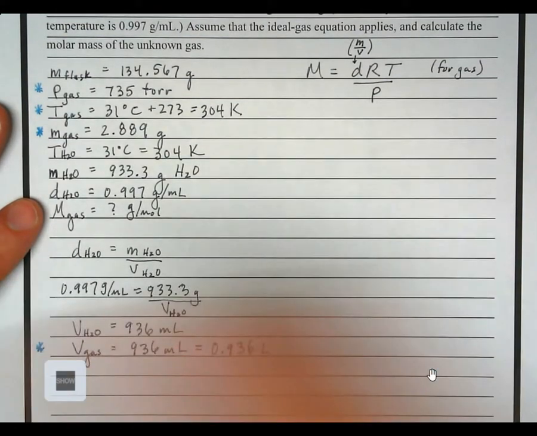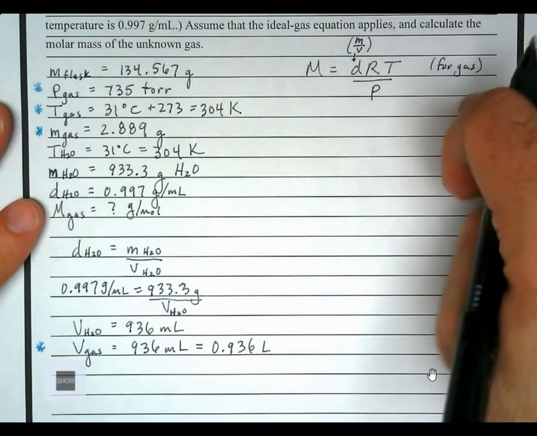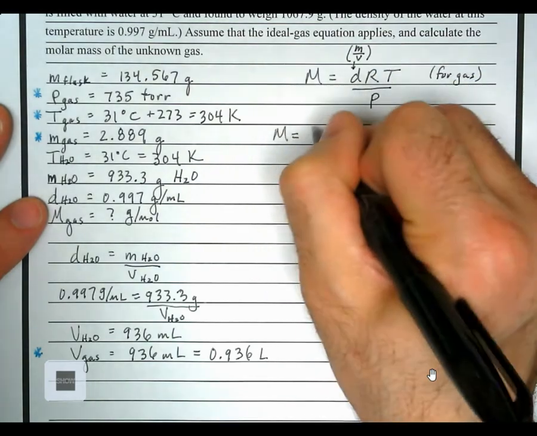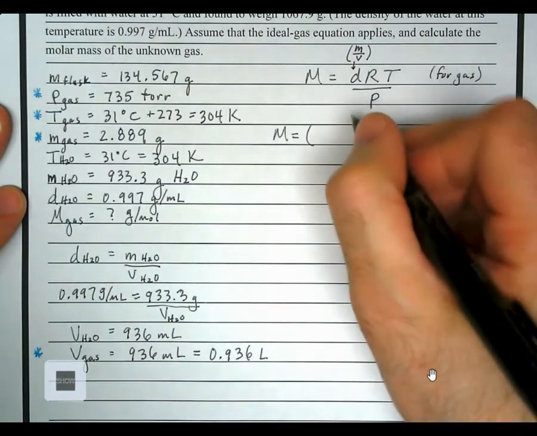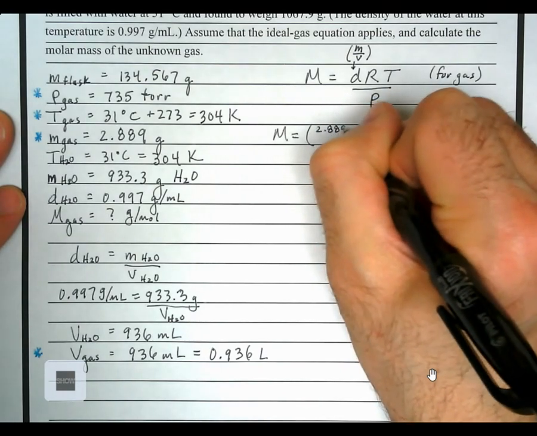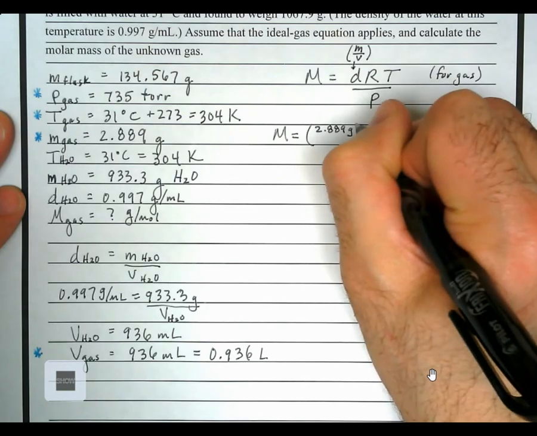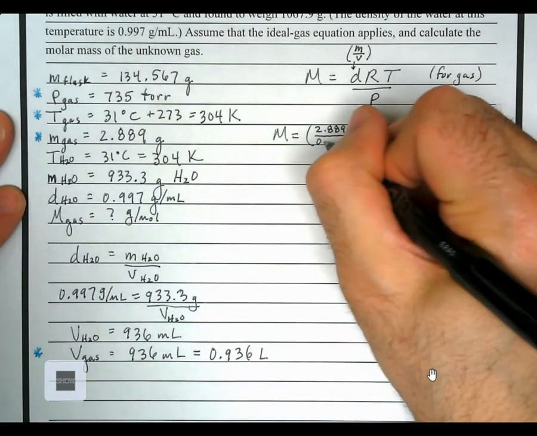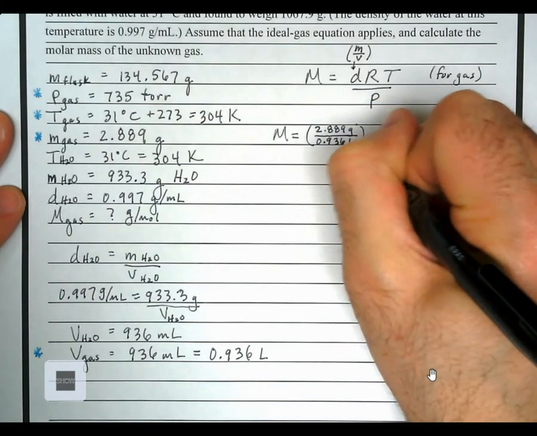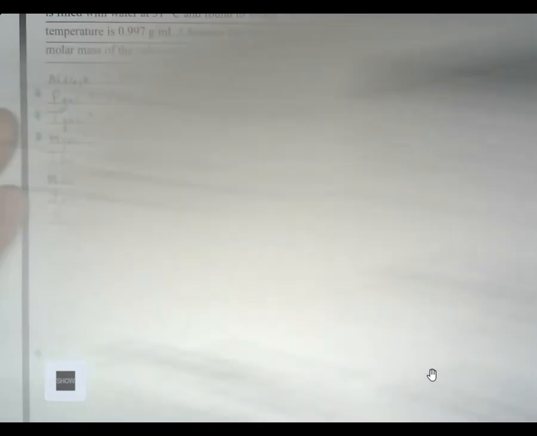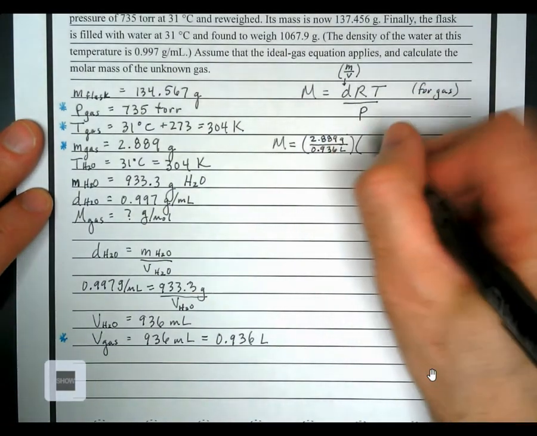Now, if we go up here and we plug everything in. Okay. Mass of the gas, 2.889 grams over the volume, 0.936 liters, times our R. We're going to use the R, the torr one, this one. 62.36.